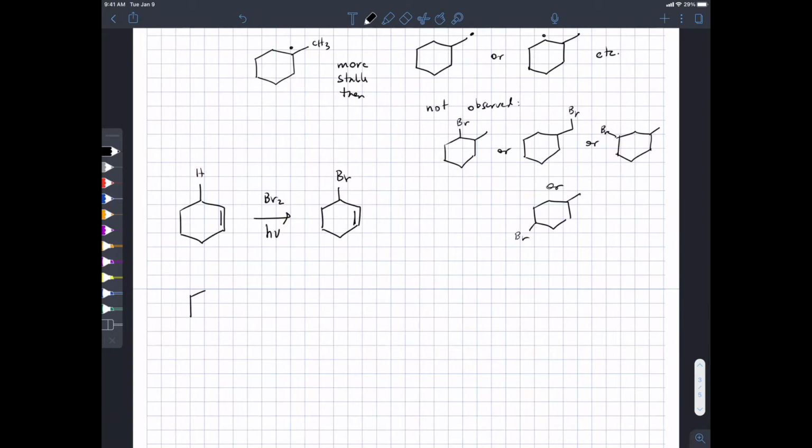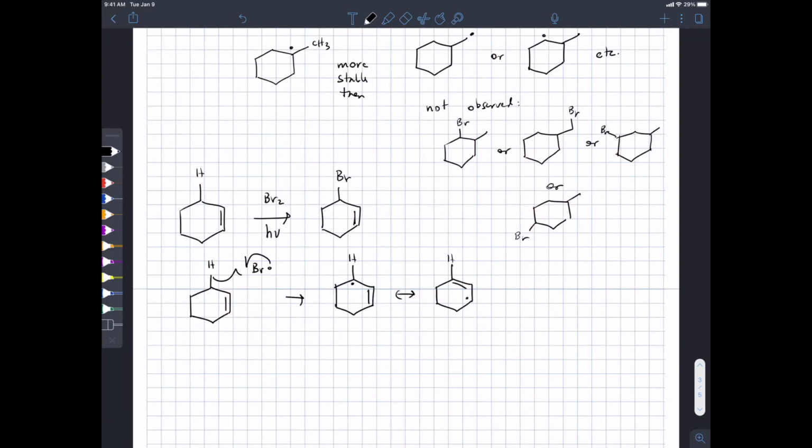And that is because when I do my first propagation step, it is better to make the allyl radical, because the allyl radical is resonance stabilized.